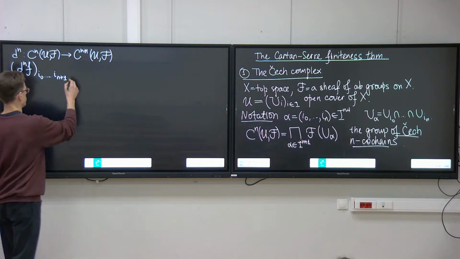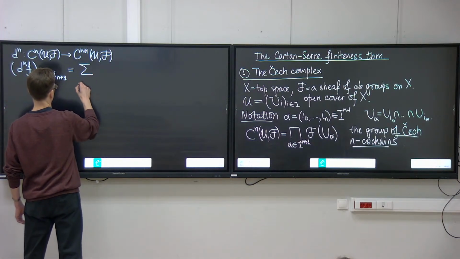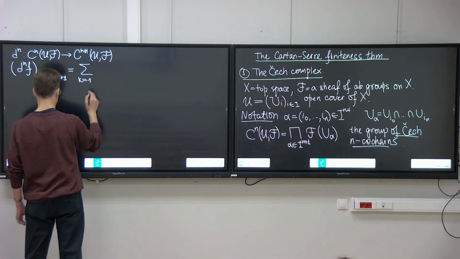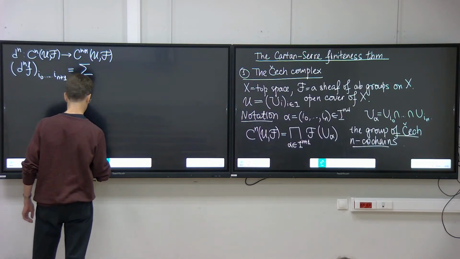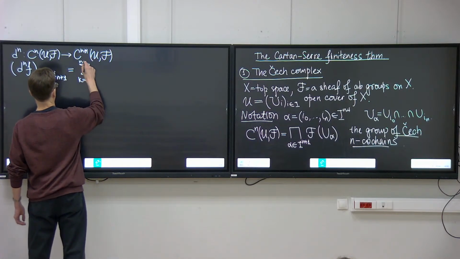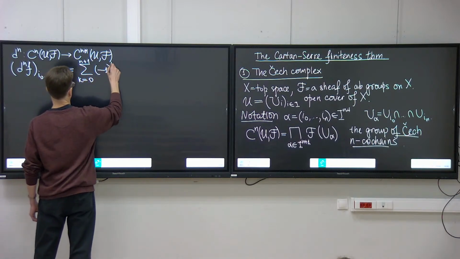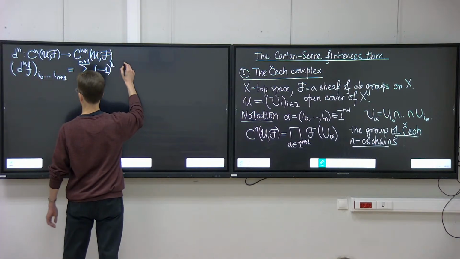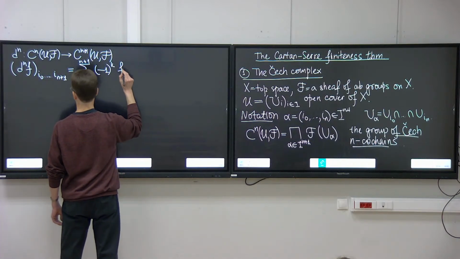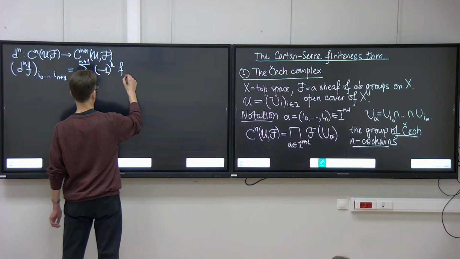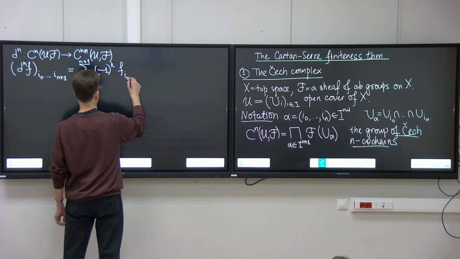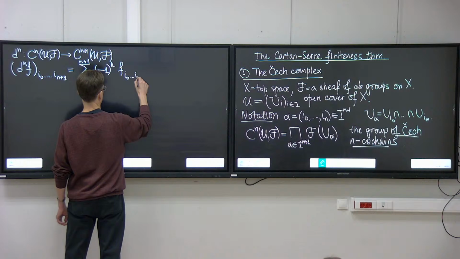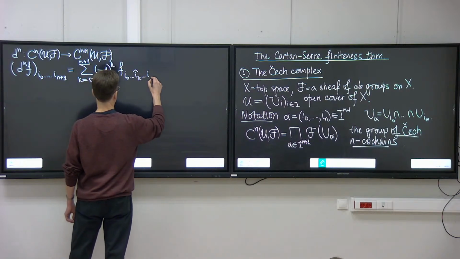And this is defined as the following alternating sum over k from 0 to n plus 1. Here we have a sign (-1) to the power k, and we take f and consider the coordinates of f where ik is thrown away.